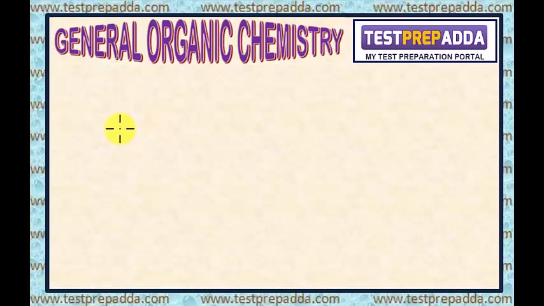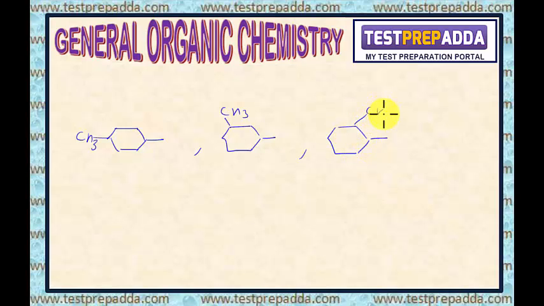If I take the example, this one, CH3 is attached here, one CH3 is attached here, one CH3 is attached here. Now this group is going to get attached with the carbon chain. Look at the carbon atom here.